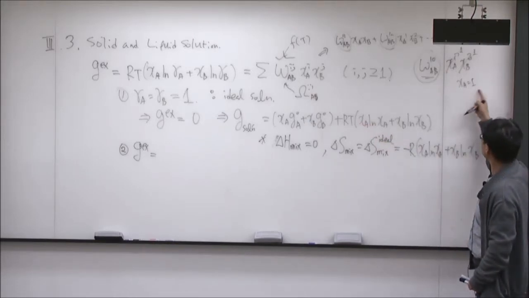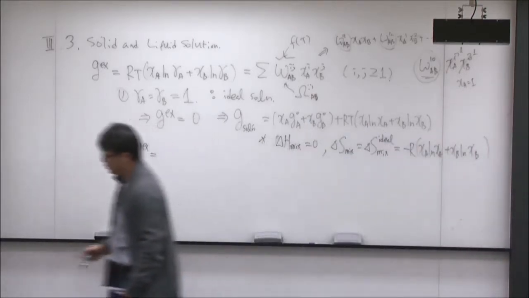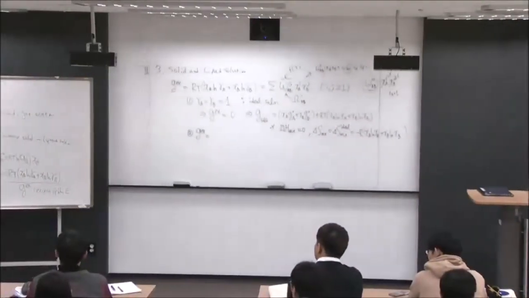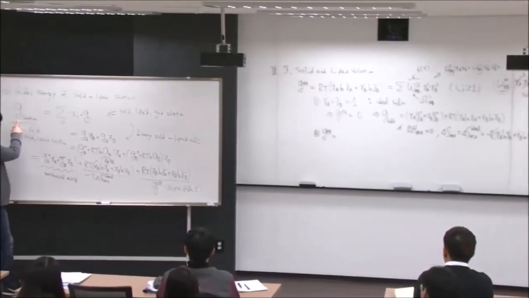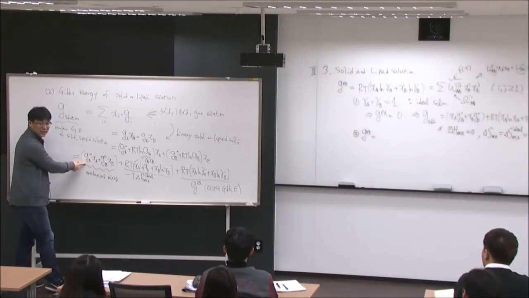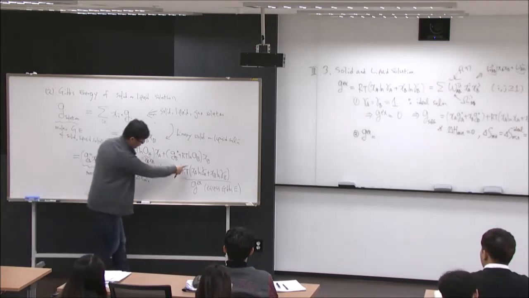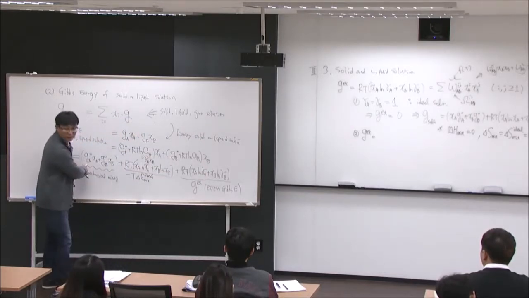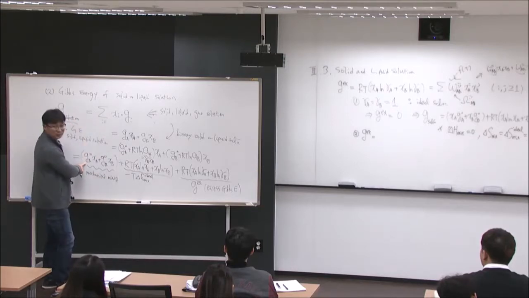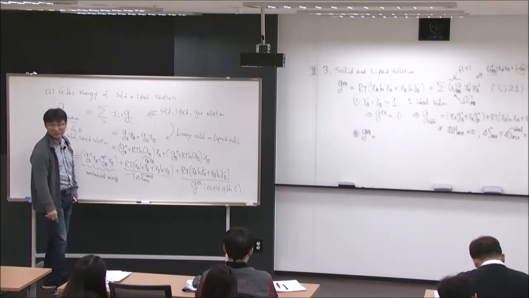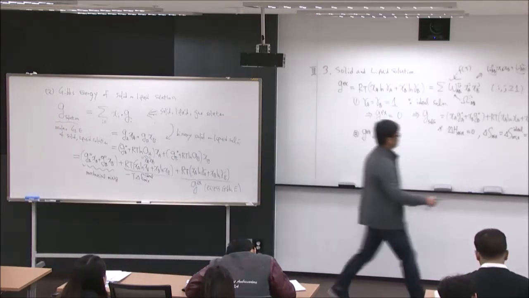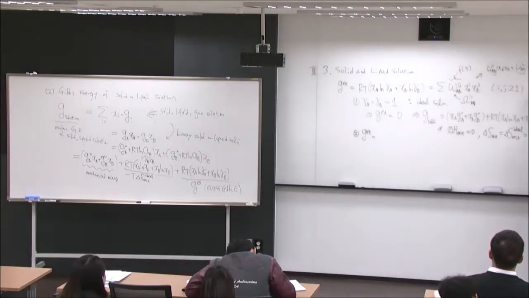When xa equals 1, this term is GA, so the solution Gibbs energy should be exactly the same as GA naught, because it's pure A. However, this is 0, but this term here, you'll have the omega AB, 1, 0 term, which changes this value. So this is no longer the same as this one, because there's some additional term remaining in the excess parameter. So in order to prevent that, this power IJ should always be higher than 1.